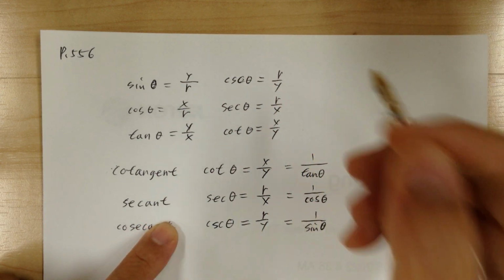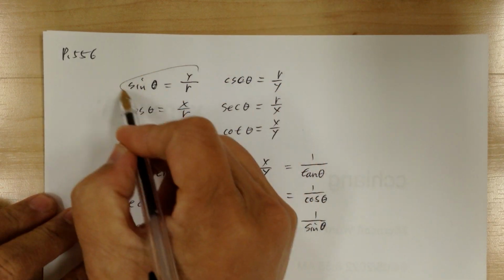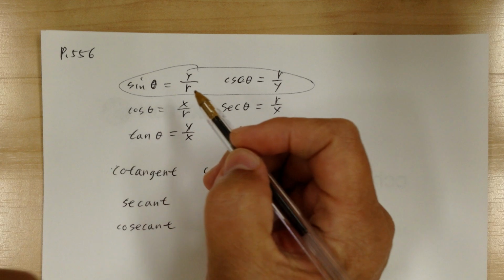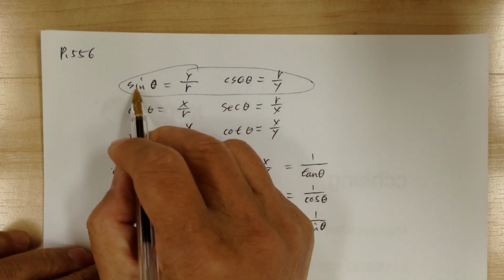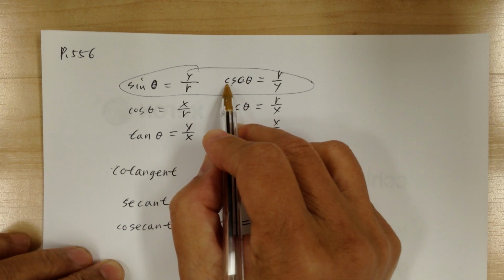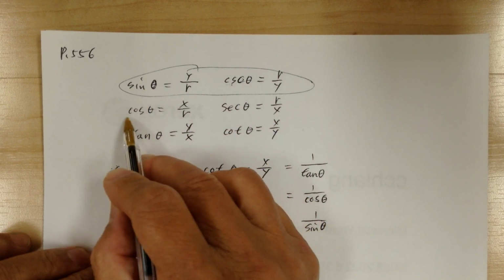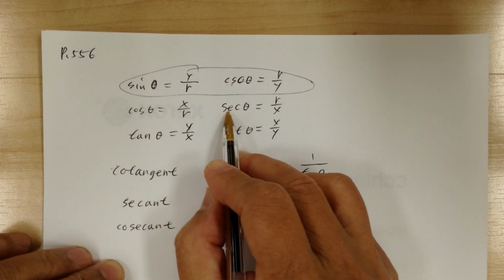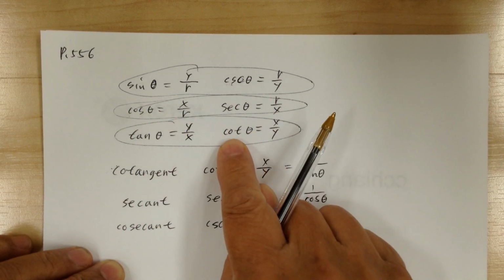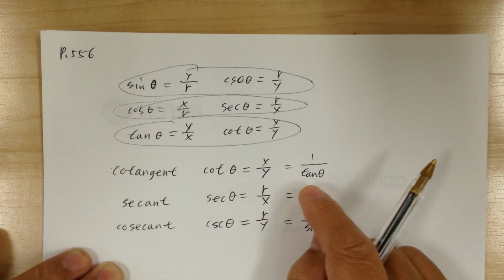Okay. Now, the way to remember is that each pair, you're going to have one regular function and one cofunction. So this one has a co, right? CO, cofunction, right? Then you will have no cofunction. This one has cofunction, so this will have no cofunction. So each pair, you're going to have one cofunction and one regular function. Okay?